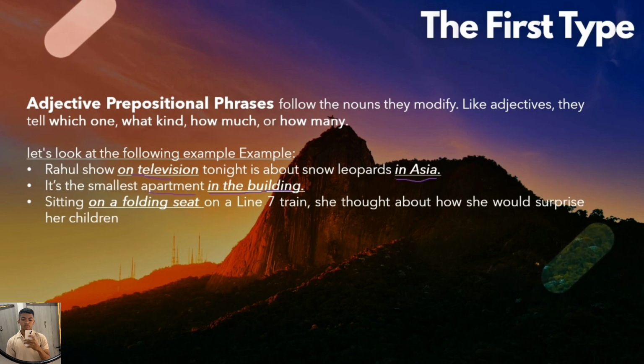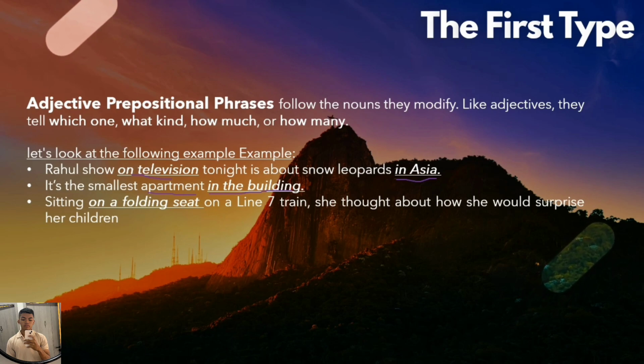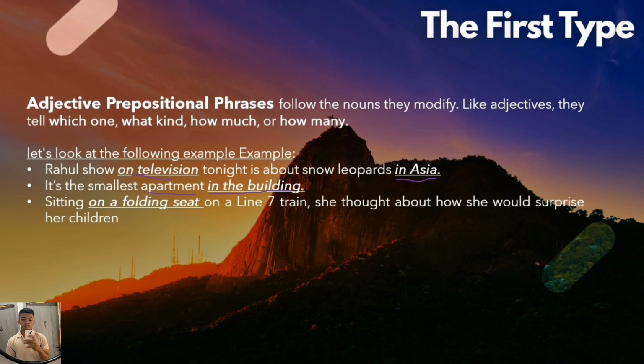In adjective function, prepositional phrases follow the nouns they modify. This prepositional phrase modifies a noun and functions as an adjective phrase. Let's look at the last example.